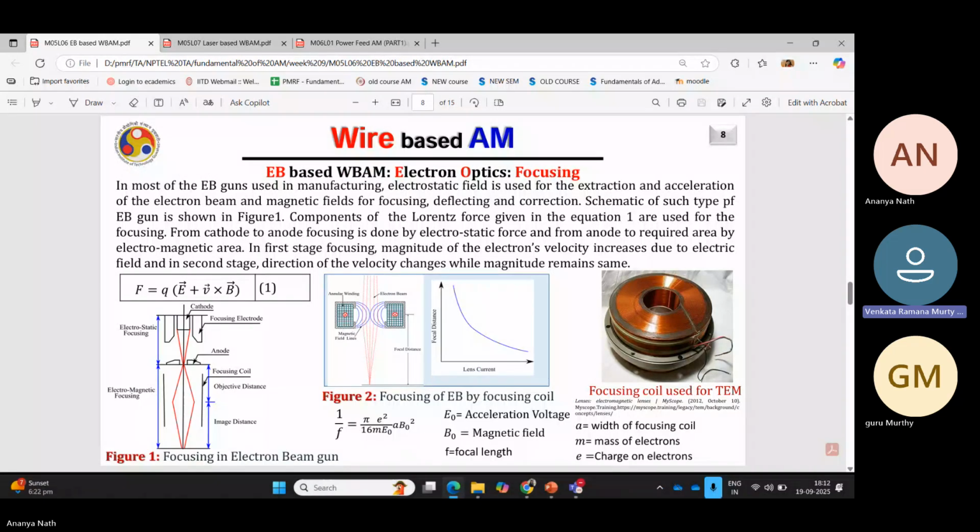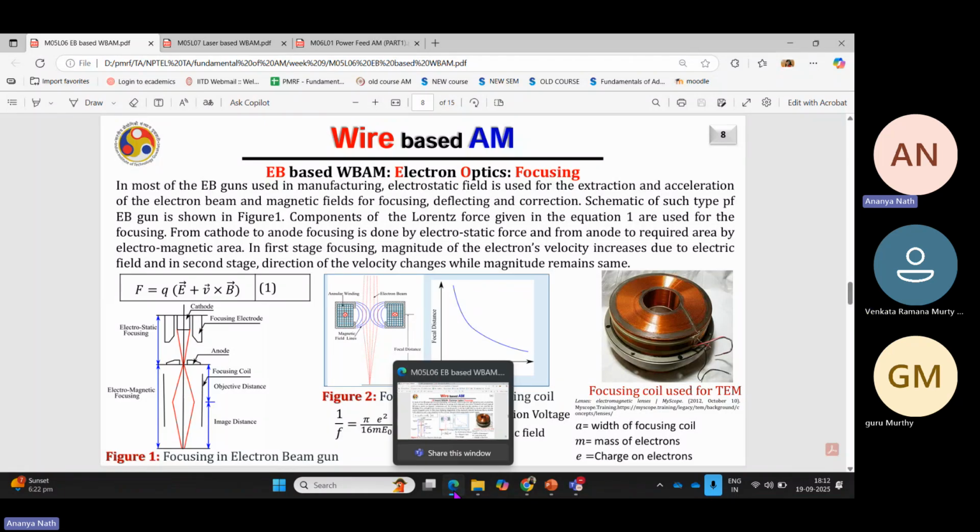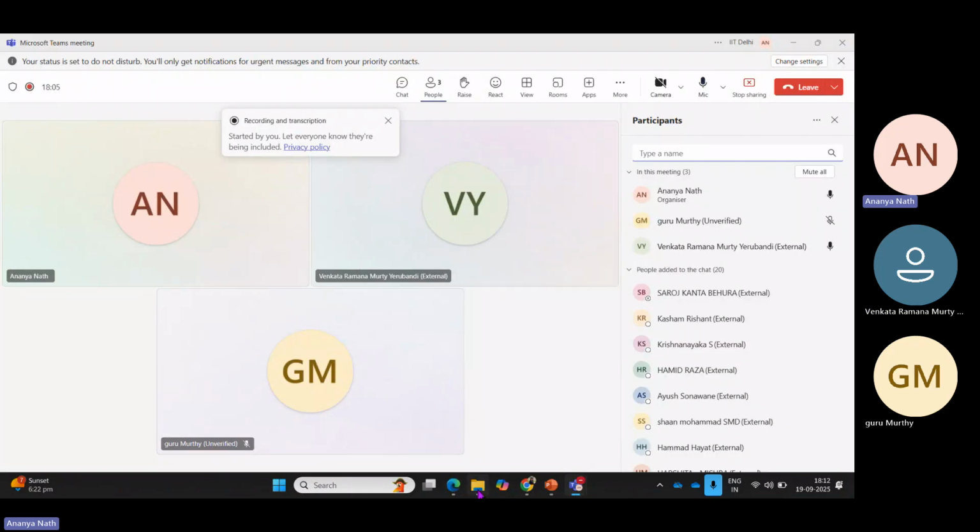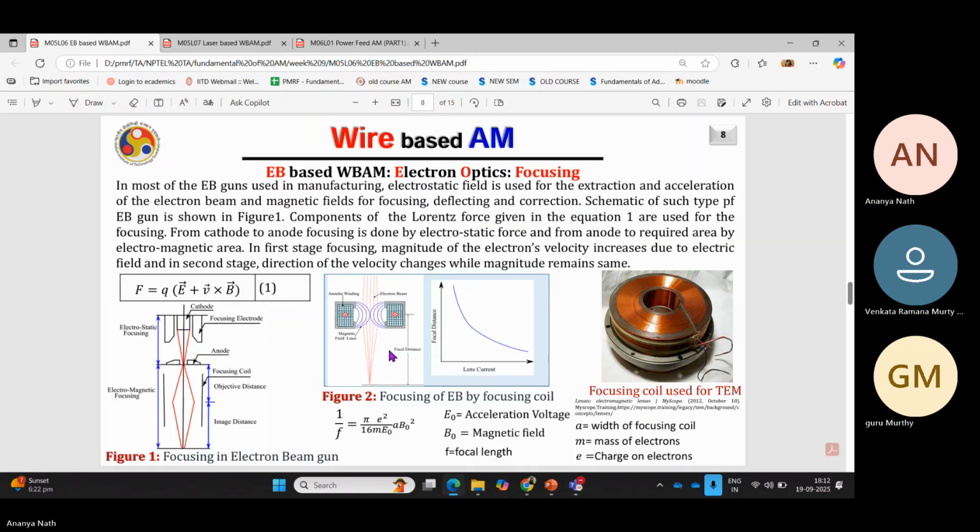For myself, it is not. I'm getting only a dark screen. I'm able to see. Okay. I'm trying to figure out if it's my network issue or your network issue, because I use the same network every day. It's still not there.